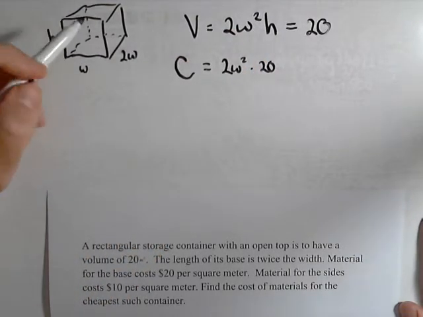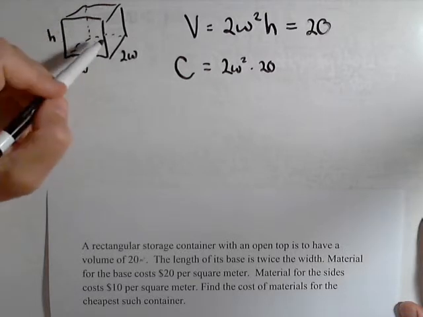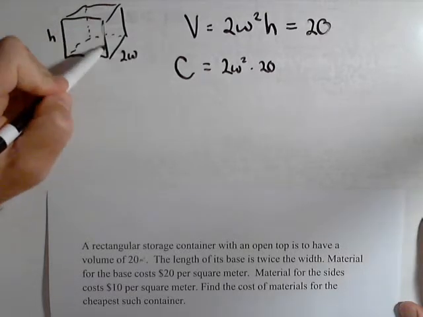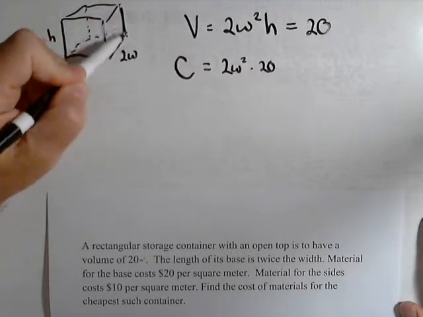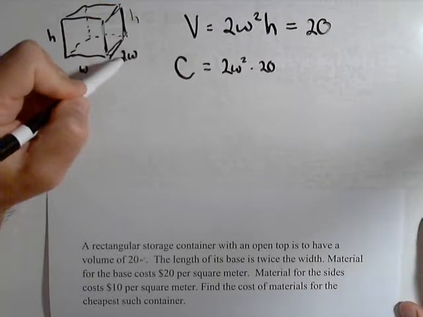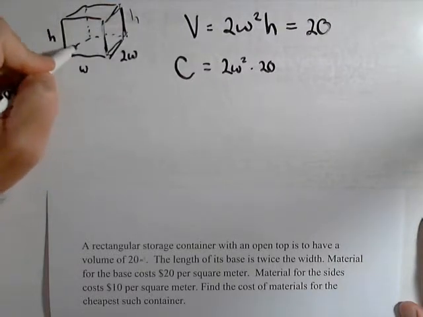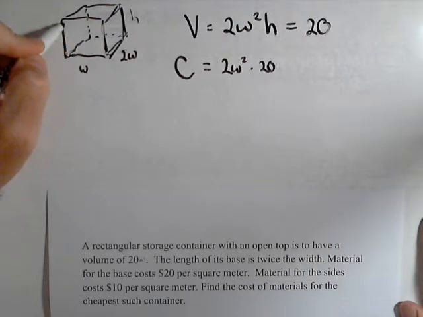Now we need to do the cost of the sides, which are only $10 per square meter. So let's take this side here. Well, let's get 2W this way and H this way. So it's 2W times H. Well, so is this side that's opposite it.